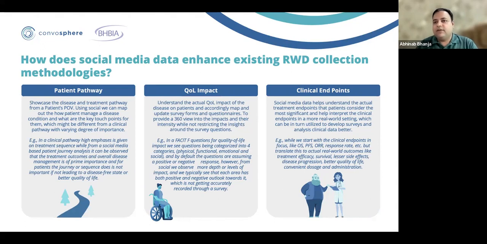Another classic example is clinical endpoints. Now we know that all pharma companies and all therapies are aimed at achieving clinical endpoints, right? It might be OS, PFS, ORR, response rates, etc. When we see the data from social, we start with the clinical endpoints that we typically consider a success point for therapy, but we translate them into actual patient outcomes which really matter to them.